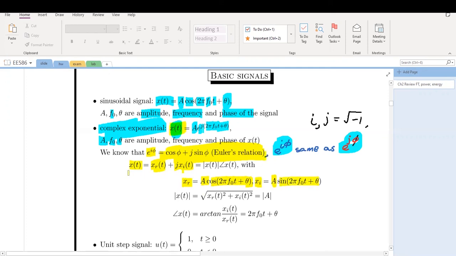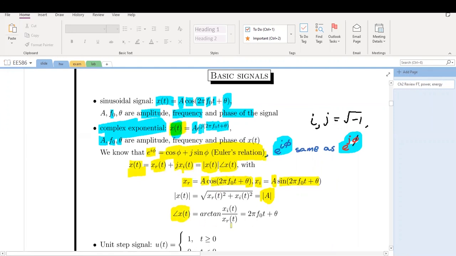This complex exponential can be expressed in polar form, with the magnitude of x(t) and the angle of x(t). The magnitude is A, because you take the real part squared plus the imaginary part squared, and then the square root; you have cosine squared plus sine squared, which is 1, so it is A.